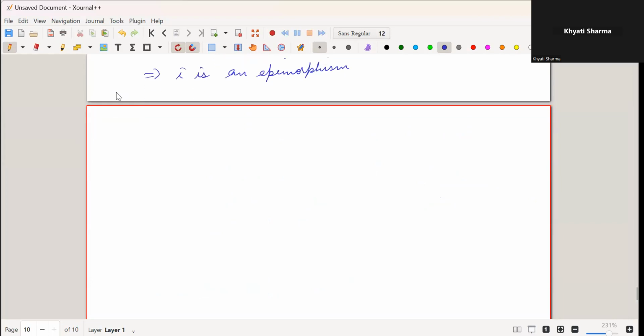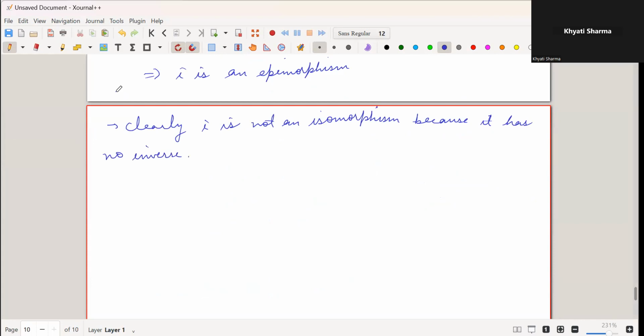Now, the third part is to check whether it's an isomorphism. Clearly, I is not an isomorphism because it has no inverse.